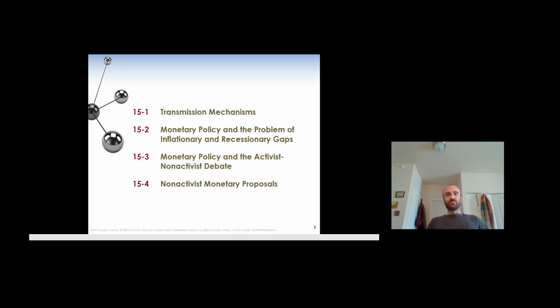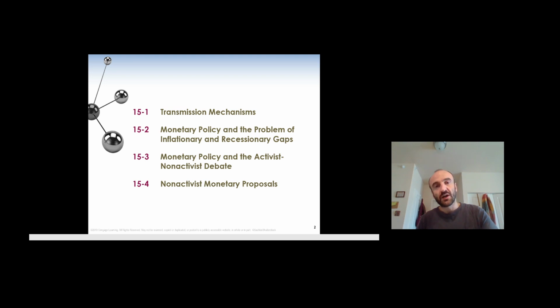What is the main subject matter of this entire chapter? It's essentially a follow-up on chapter 14. In chapter 14, we did mostly an analysis of the essence of monetary policy, the goals of monetary policy, what a Federal Reserve Bank in the United States or any other central bank wants to achieve and can achieve with monetary policy.